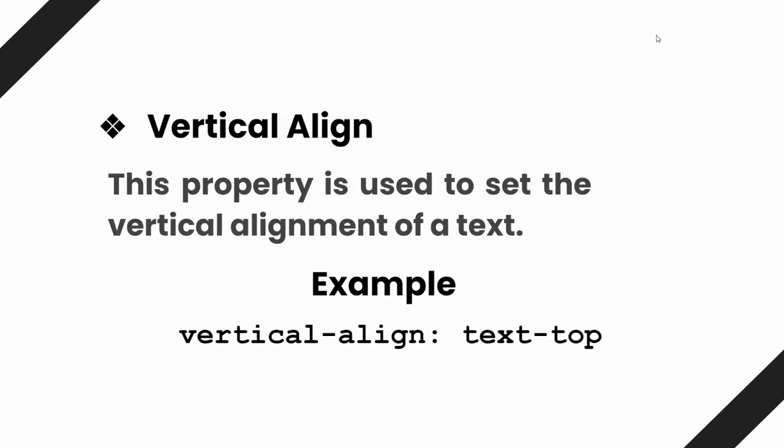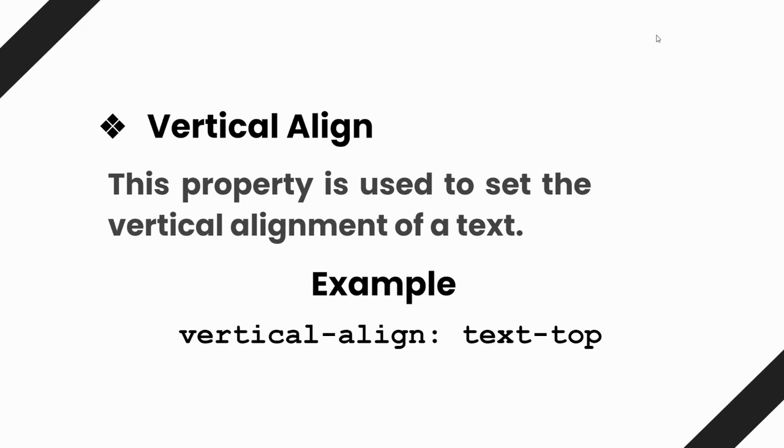Lastly, we have the vertical align property. This property is quite similar to the text align. The only difference here is that the vertical align is used to set the vertical alignment of the text, while the text align property is used to set the horizontal alignment of that same text.